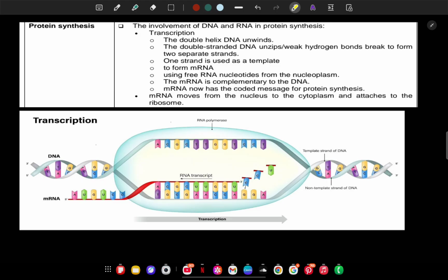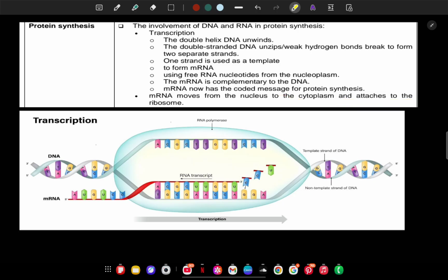And then outside of transcription, mRNA moves from the nucleus to the cytoplasm and attaches to the ribosome.